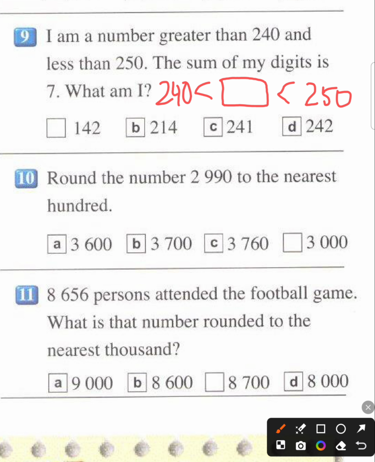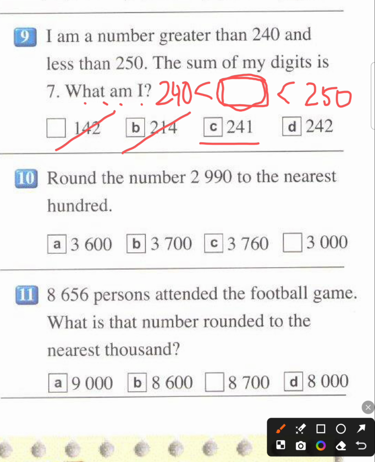So this number must be here in the middle. We are looking for this number. It can be number 241. It can be number 214, no, but it comes here.